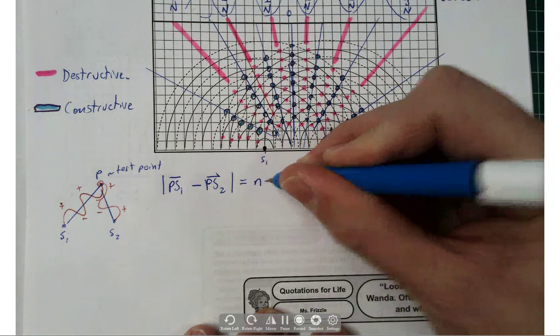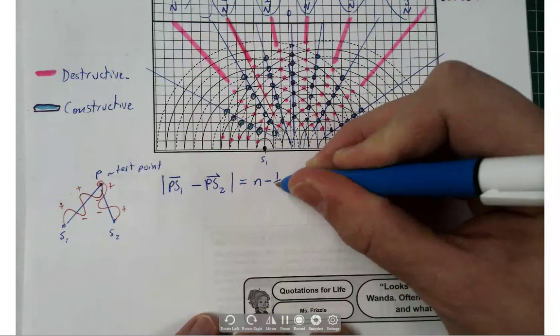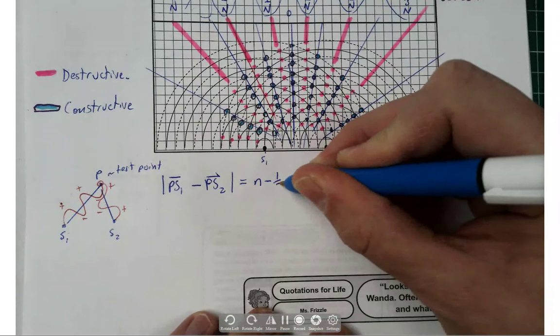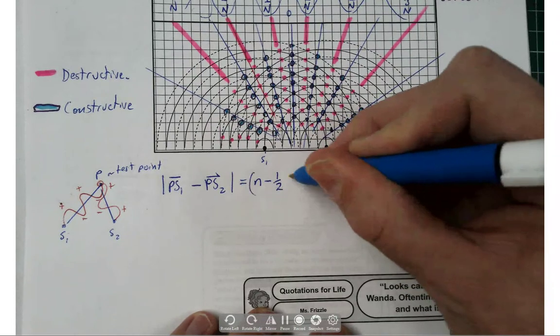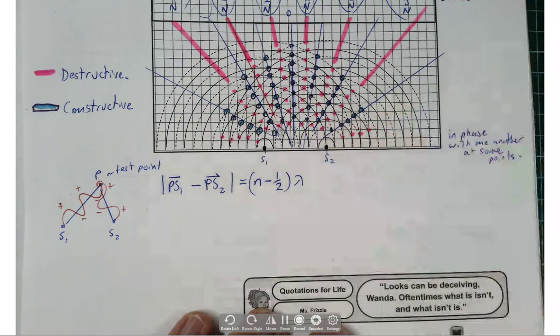Okay. Now I'm going to gift this equation to you, and you can noodle it out. Whenever we have destructive interference, it's going to be phase shifted so that some fraction of a half wavelength is the offset. The way we achieve that is with a coefficient of (n minus a half) times lambda.